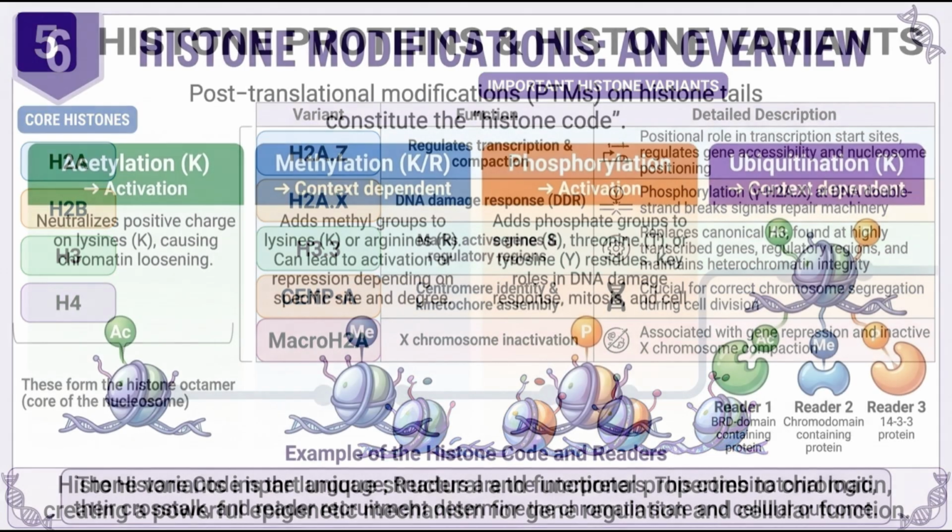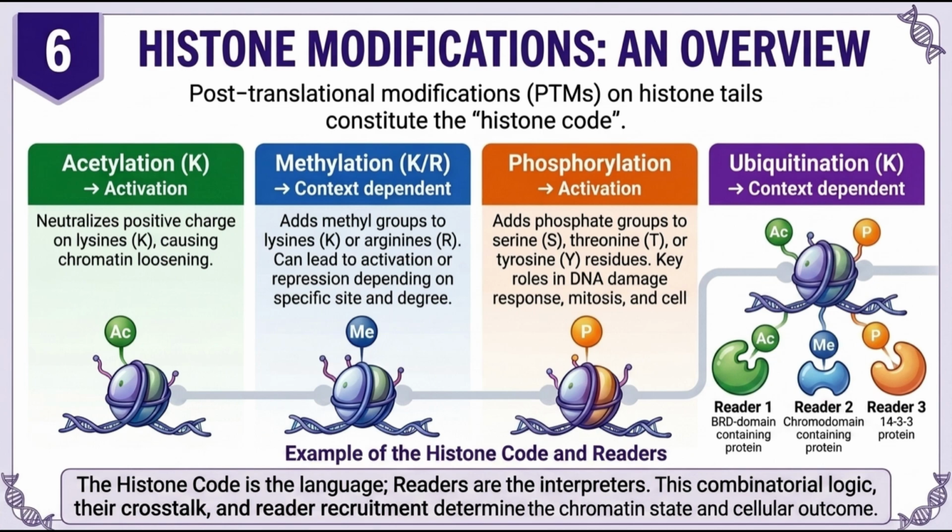Histone modifications. Histone tails undergo multiple post-translational modifications known as PTMs. These include acetylation, methylation, phosphorylation, and ubiquitination. Together, these modifications create the histone code, which determines chromatin structure and transcriptional activity.